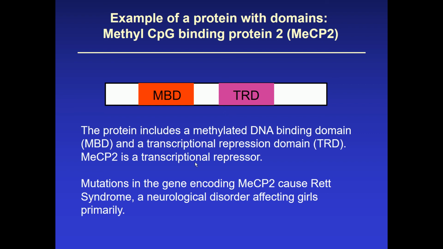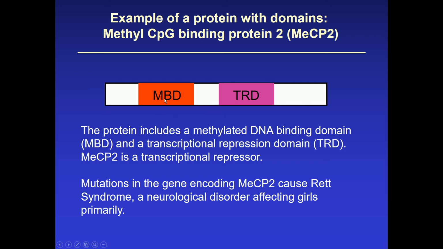There can be some proteins which act as transcriptional repressors, and some which act as transcriptional activators. This is a repressor protein, and this is the transcription repression domain. This part of the protein is responsible for the repression of transcription. And because it is a transcription repressor, it needs to bind to DNA, so this other part is responsible for binding of this protein to the DNA.